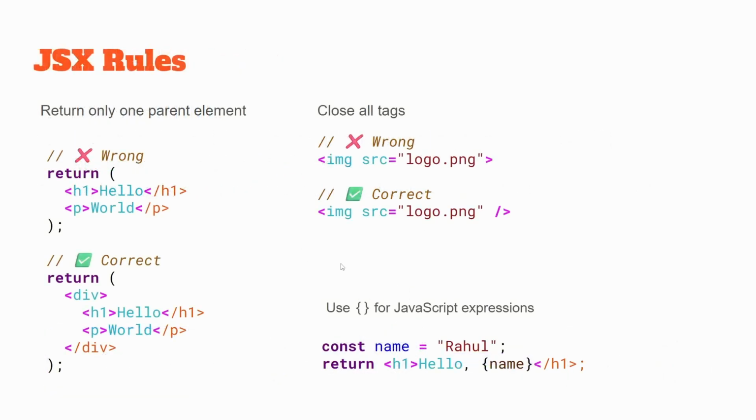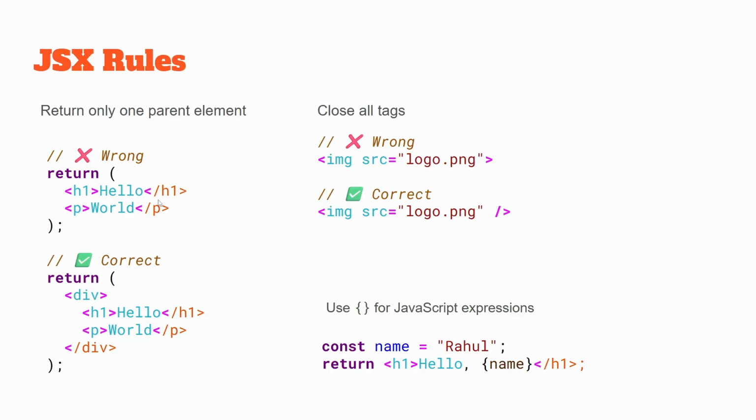Okay, now there are certain rules that you have to follow when you write JSX. So whenever you return a JSX from a function, you have to always remember that it can return only one parent element. Okay, so for example, look at this code. Now here it is returning an h1 as well as a paragraph tag.